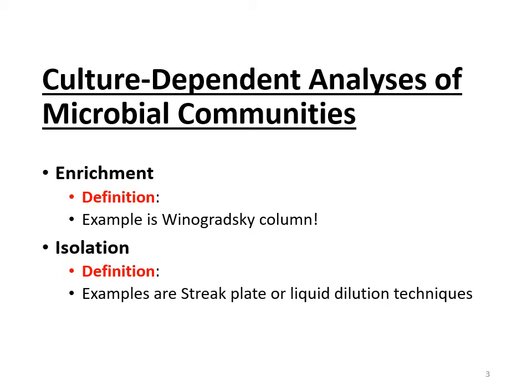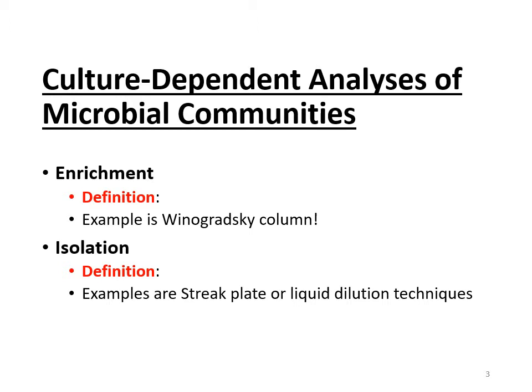The other way to study community structure is through isolation. So now, instead of looking for robust variety of microbial growth, with isolation, it's as the term suggests. You want to isolate or select pure cultures of single organisms, and you've all done this in the laboratory, okay?